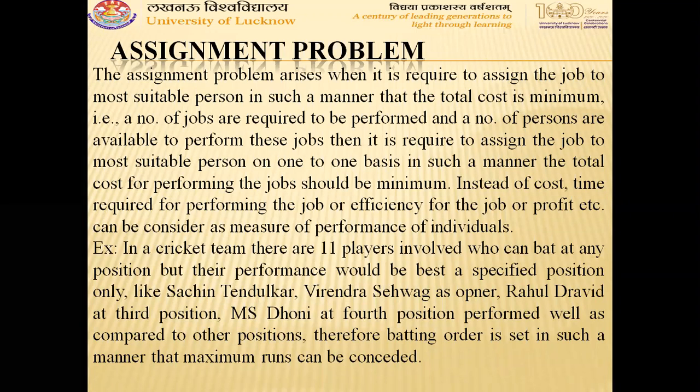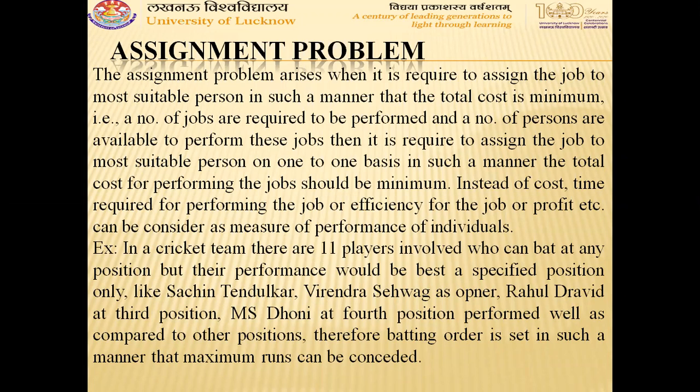Instead of cost we can consider time, job efficiency or profit, etc. Originally the assignment problem is used for minimizing the cost or minimizing the time, but it can also be used to maximize the profit or maximize the efficiency.